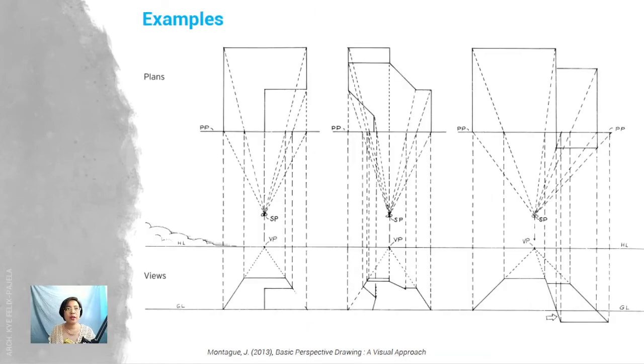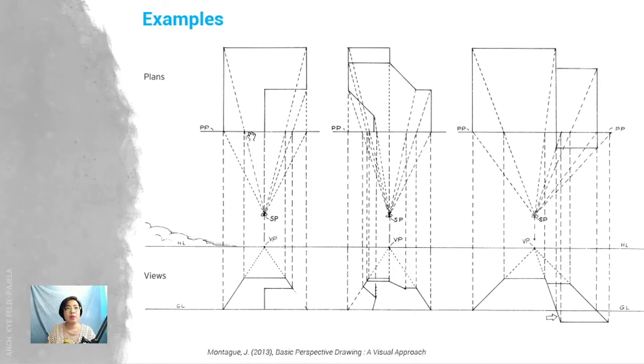Here are other examples na makikita natin. Nagkaroon ng variation kung saan nilagay yung picture plane. And nakita din natin na mas naging complex yung mga object. Yung shape niya is no longer regular. So, same principles apply. Kung asan yung mga corners, iti-trace back natin going to the station point.